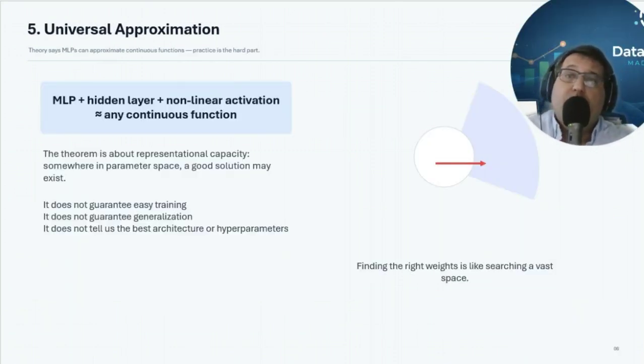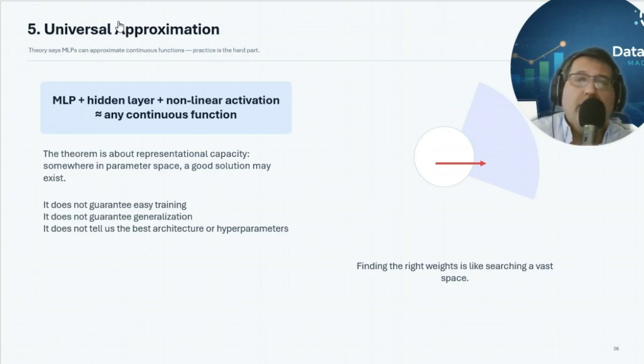Now let's step away from implementation for a moment and discuss one of the most interesting theoretical results associated with MLPs, the universal approximation theorem. In simplified terms, the theorem tells us that a neural network containing at least one sufficiently large hidden layer and an appropriate nonlinear activation function can approximate a very broad class of continuous functions.